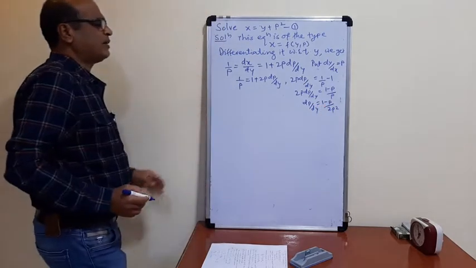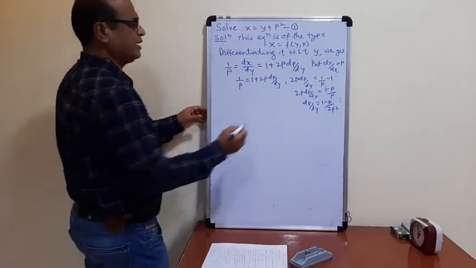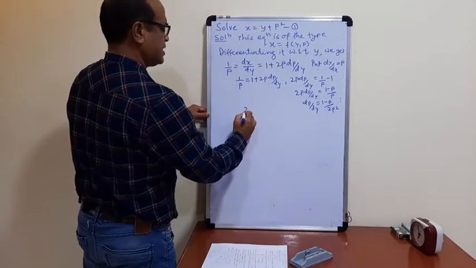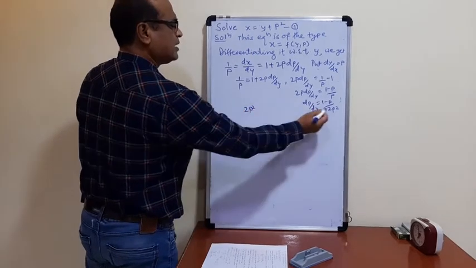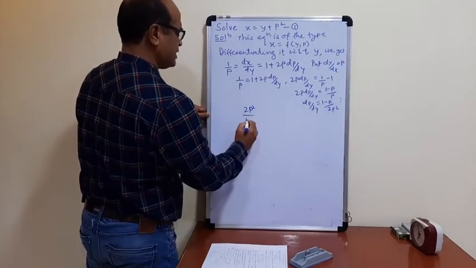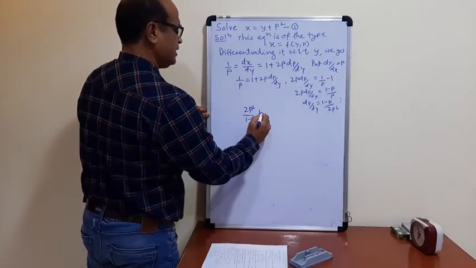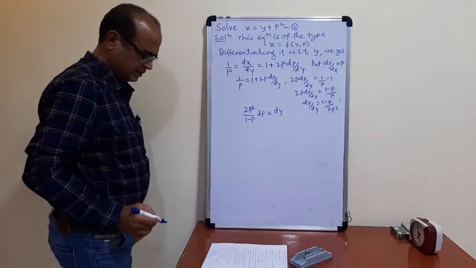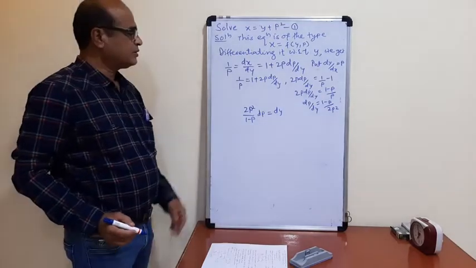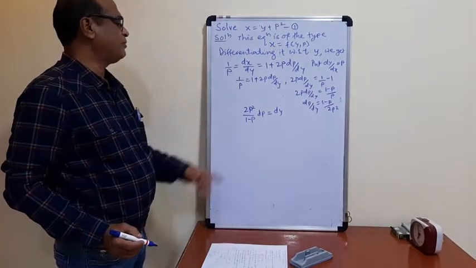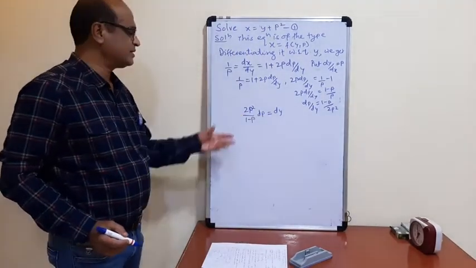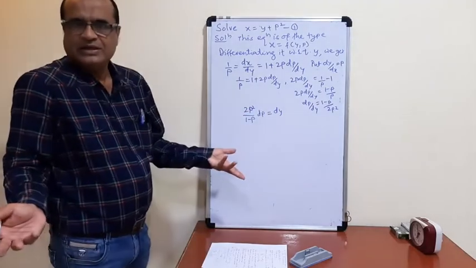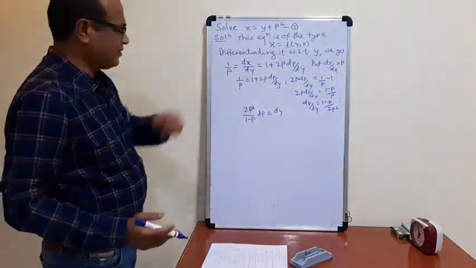So by variable separable type, this can be written as 2p square divided by 1 minus p dp is equal to dy. Okay. So this is a variable separable type. So the function of dp is p only, and the function of dy is constant here.